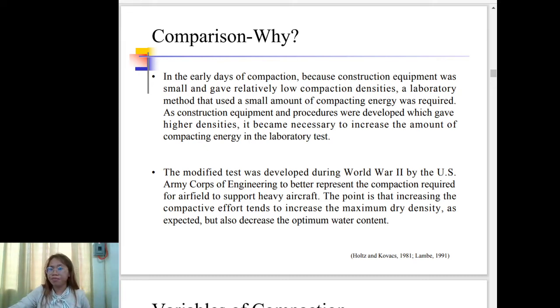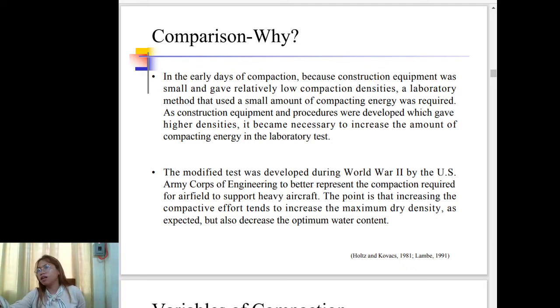So, as the technology developed, so before, katong early days of compaction, gagmay pa ang equipment. So, ang laboratory, ang standard nga nahimo is for gahatag siya for lower compactive effort.